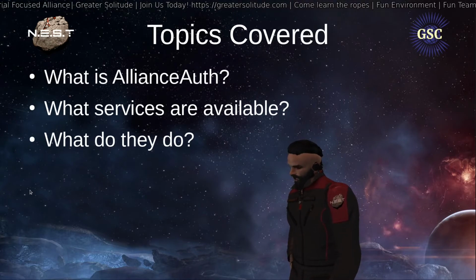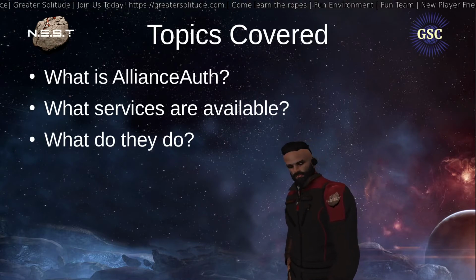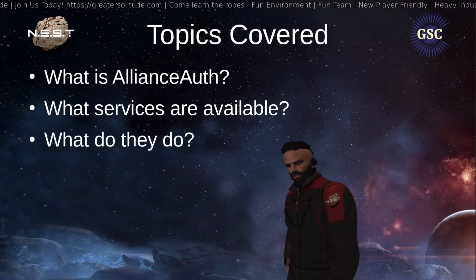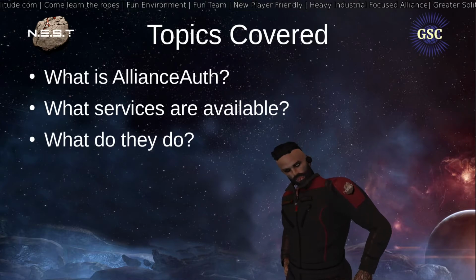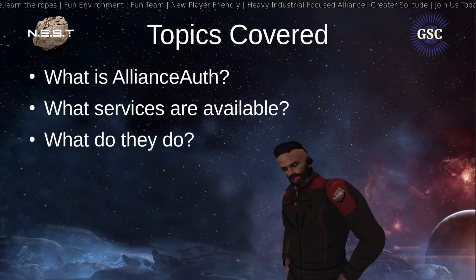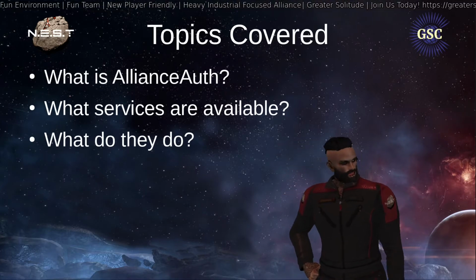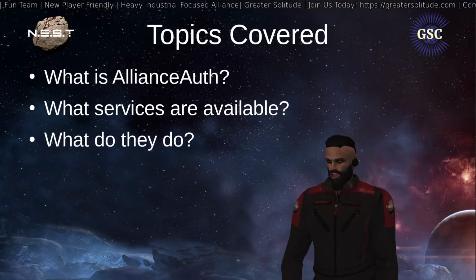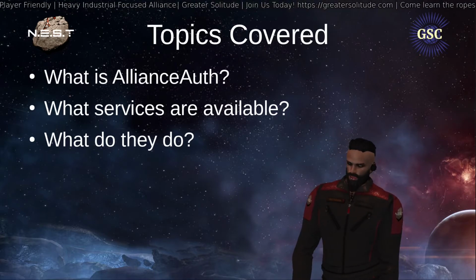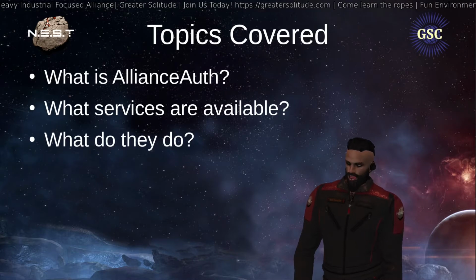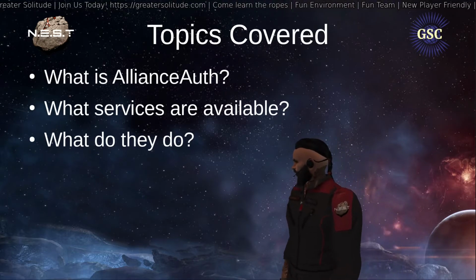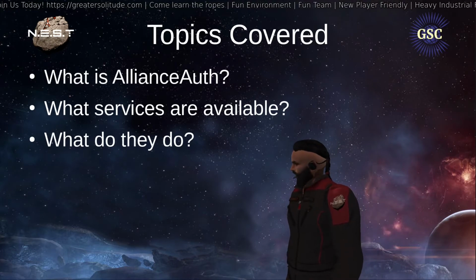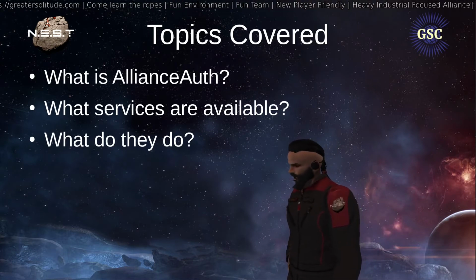Basically, Alliance Auth is a service available to alliances in EVE Online, which allows members to register their characters and for the alliance to track certain things about that character to provide alliance members with services such as automatic assignment of roles and nicknames to Discord communications or TeamSpeak and Mumble, stuff like that.